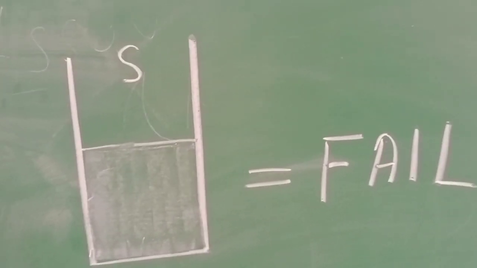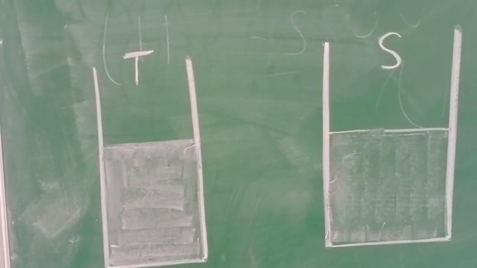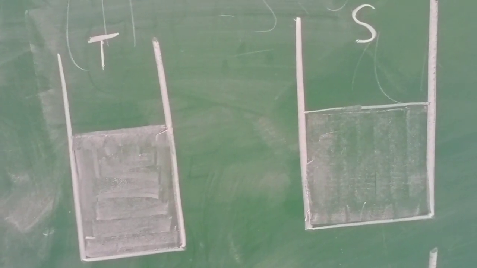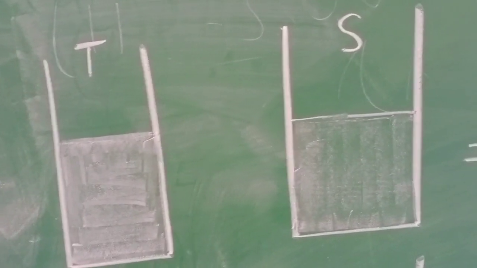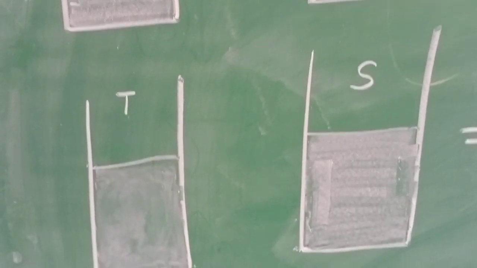And why does the test fail the result? Because the test has greater impurity and hence more turbidity compared to the standard one, where the standard has a permissible limit of impurity. So let us look into the next case.